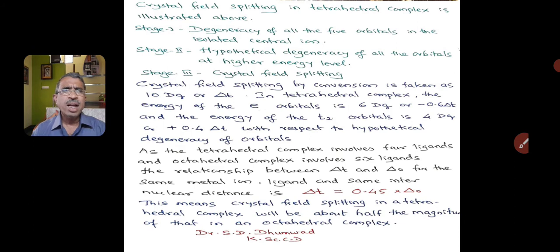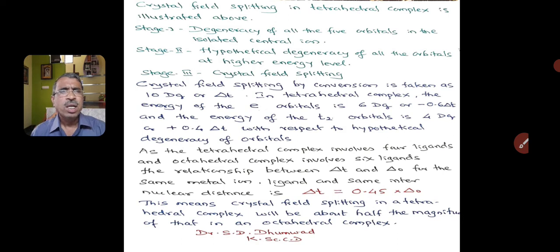As the tetrahedral complex involves 4 ligands and the octahedral complex involves 6 ligands, the relationship between delta T and delta O for the same metal ion, ligand and internuclear distance is delta T equals 0.45 into delta naught.